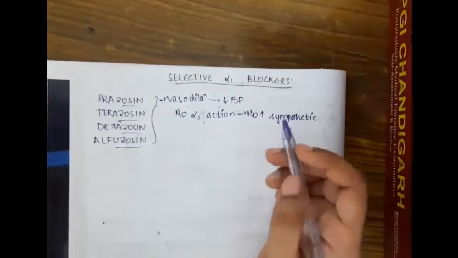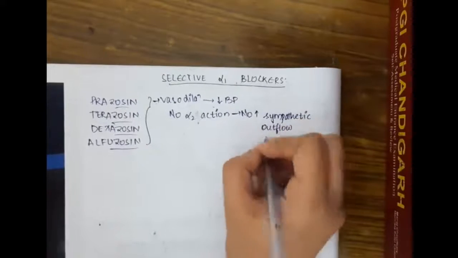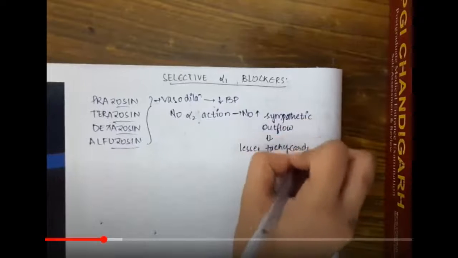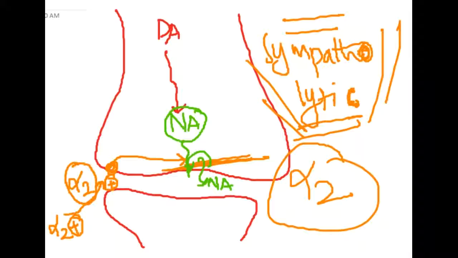What does this alpha 2 receptor do? The alpha 2 receptor is a presynaptic receptor. I will just show you the alpha 2 receptor once, so that it becomes easier to understand. In this picture you can see that the alpha 2 receptor present here is present presynaptically. Now I am using an alpha 2 blocker here.